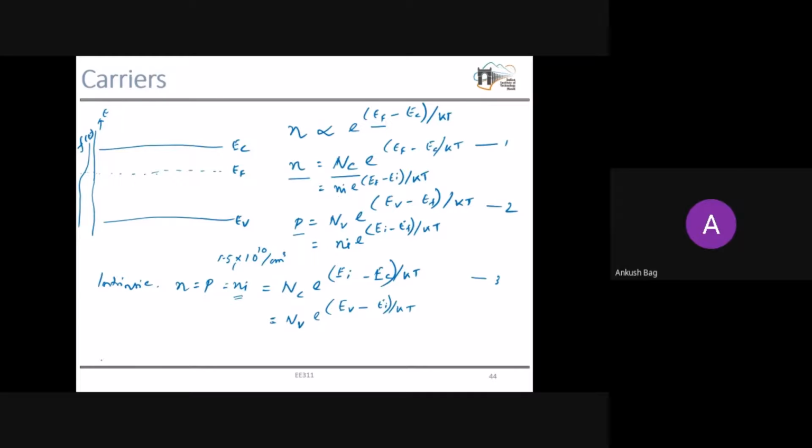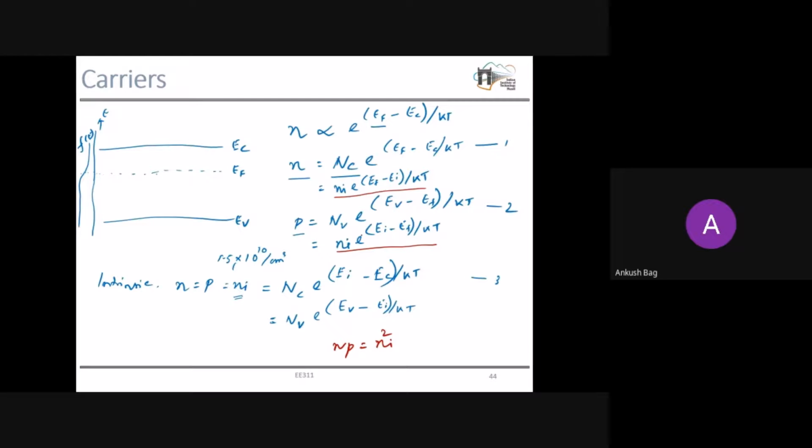See these two equations. Now, if we just multiply N and P, what will we get? We'll only get Ni square.